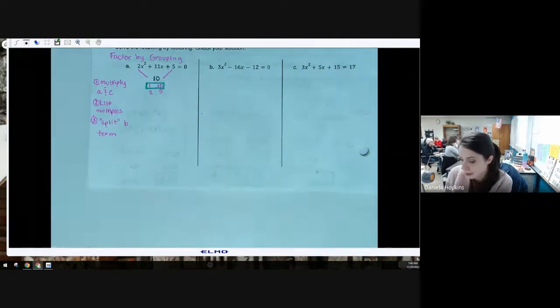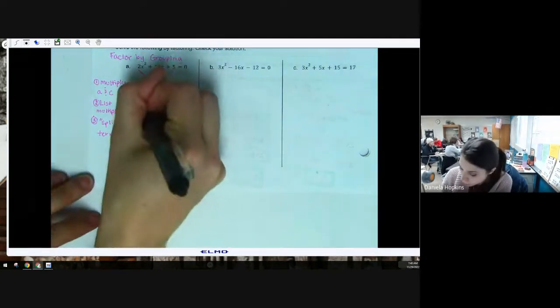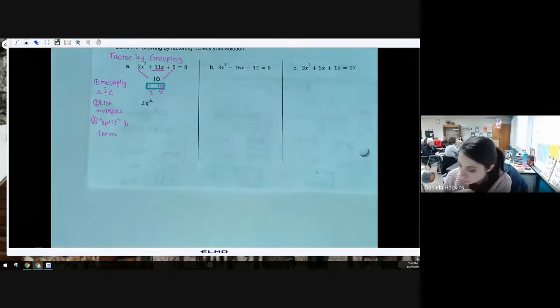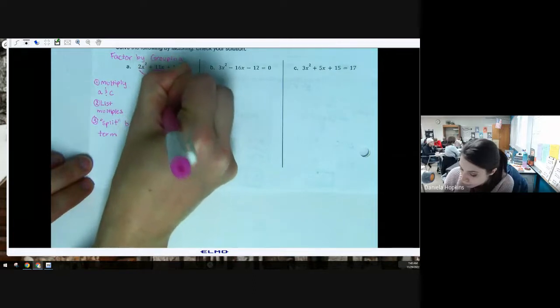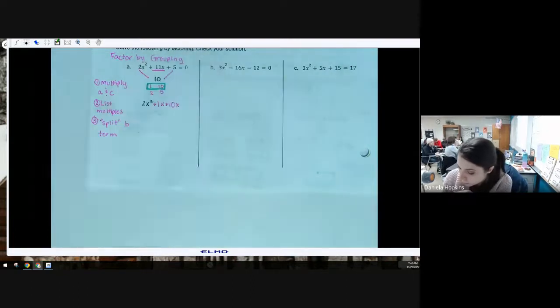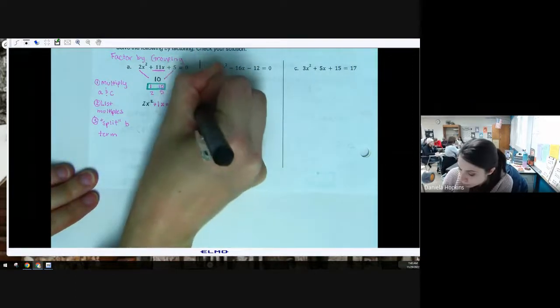So what I mean by that is this term in the middle here, instead of writing 11x, what we're going to do is we're going to write 2x squared, and then it doesn't matter the order here, but I'm going to put plus 1x plus 10x plus 5 equals 0.